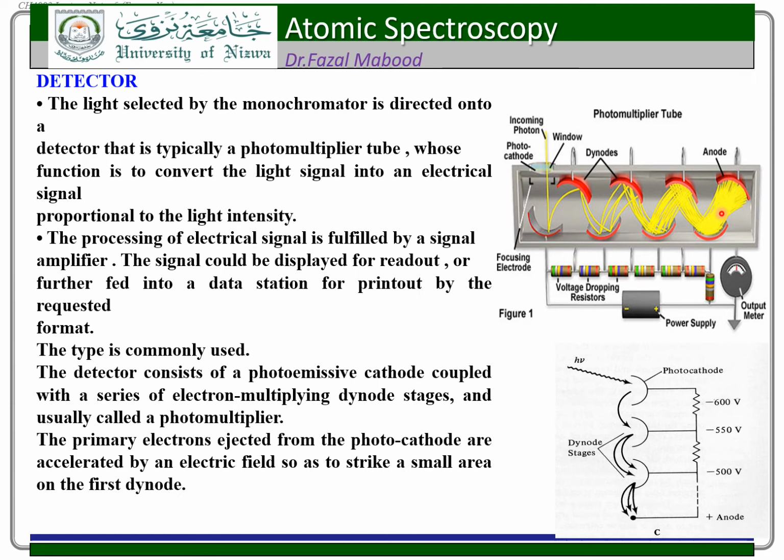The light signal is converted into an electrical signal, meaning into electrons, because when the light strikes here, there is ejection of 1 electron, here 2 electrons, here 4, and so on. At the same time, in a photomultiplier tube, the electrical signal is amplified and increased.